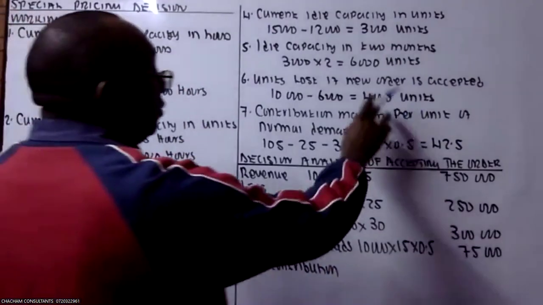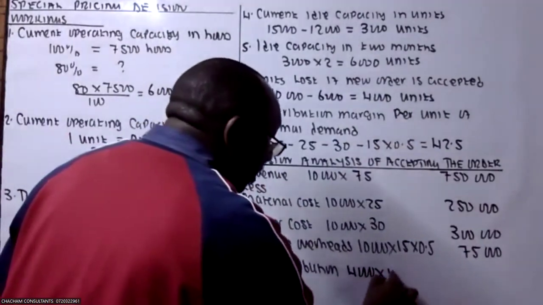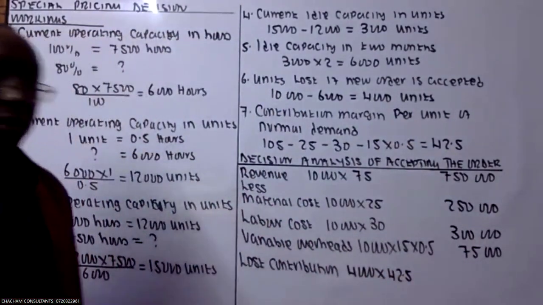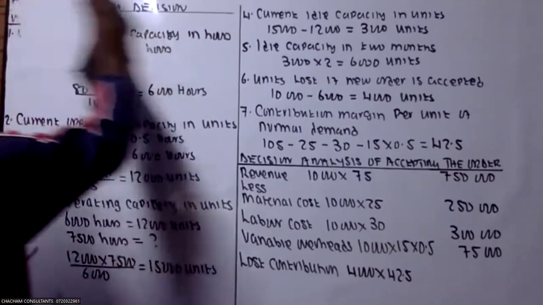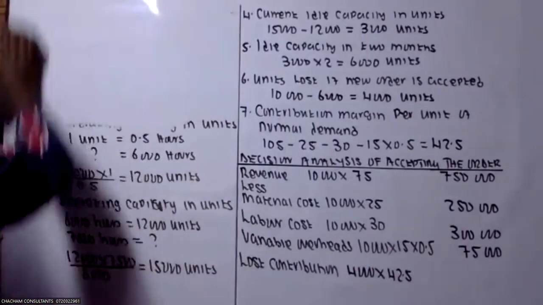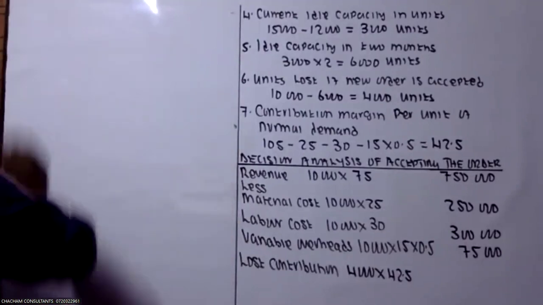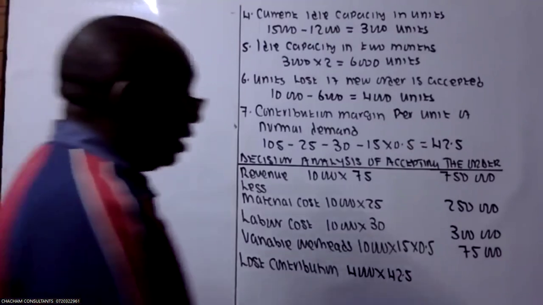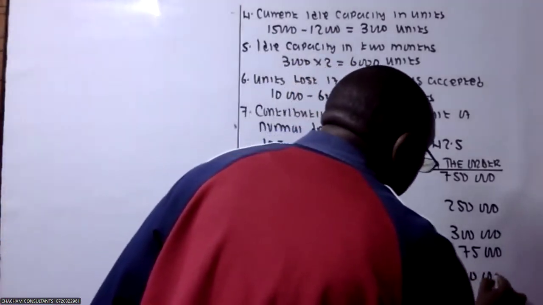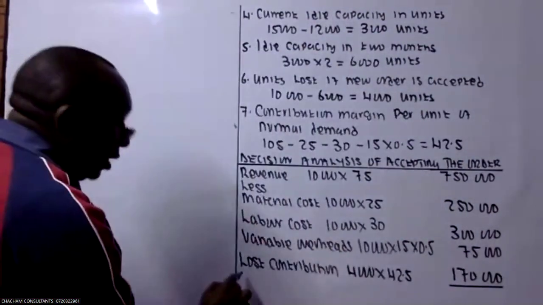We are going to lose these 4,000 units, and each one was giving us 42.5, which is 170,000. So get the net profit.